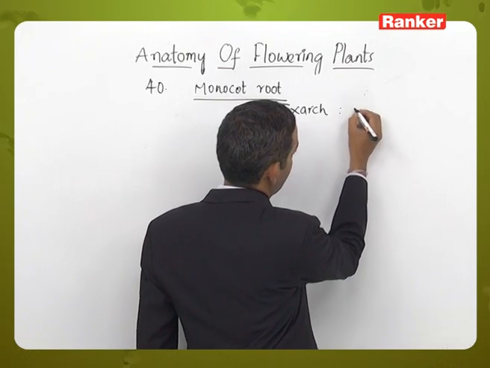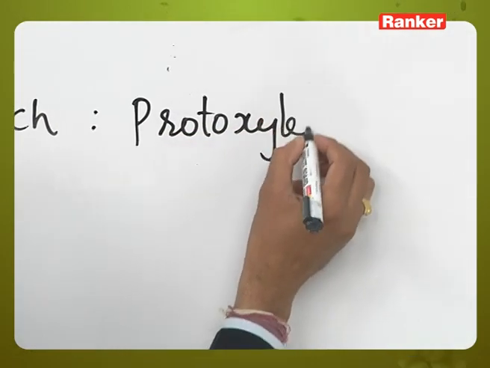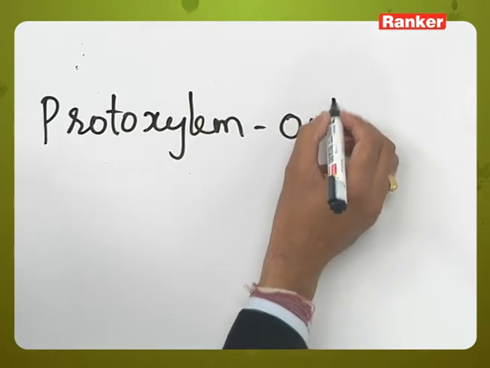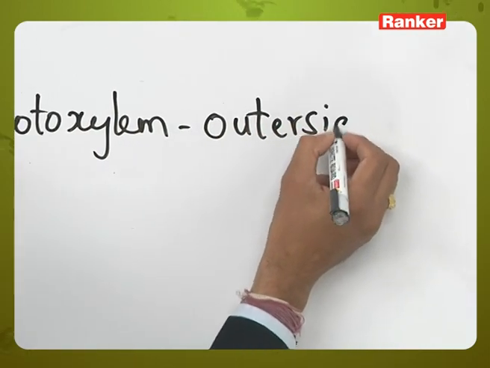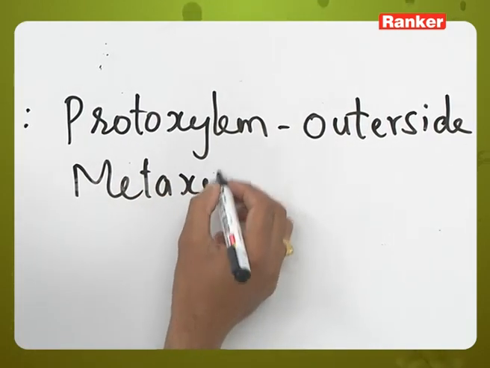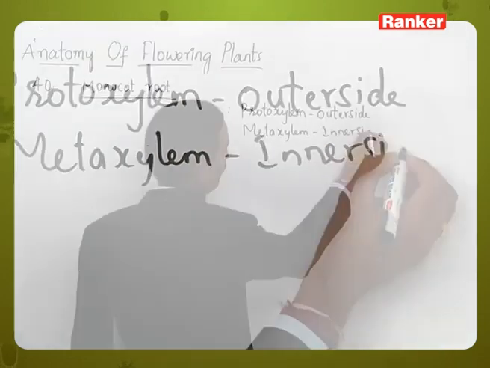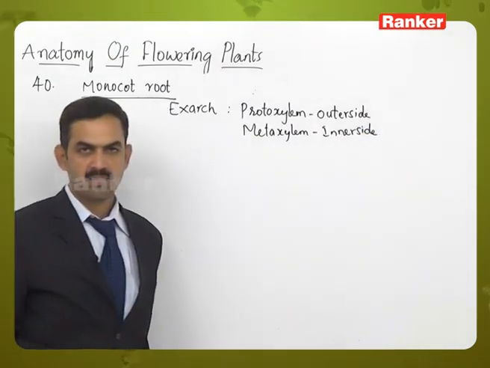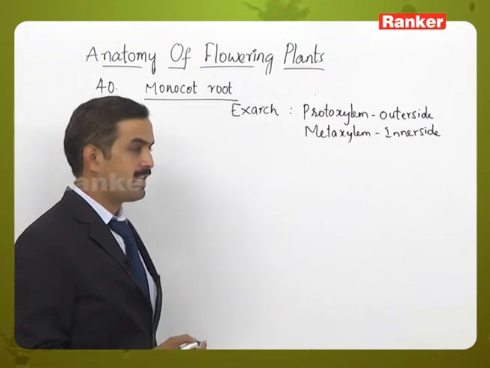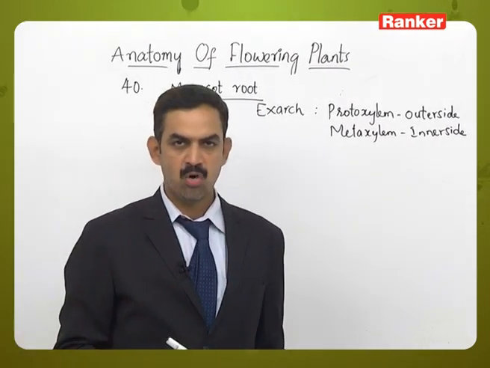In the exarch condition, the protoxylem is towards the outer side and the metaxylem is towards the inner side. So this is a primary condition that can be seen in both the monocot root and also in the dicot roots.